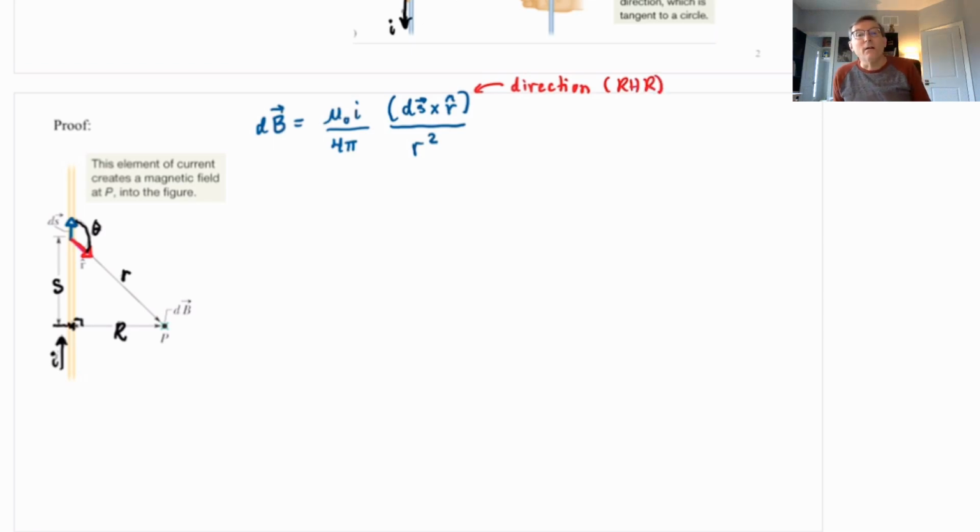Okay, so the direction of dB at point P is perpendicular to the plane of ds and r hat, and ds and r hat are in the plane of the screen, so dB must be perpendicular to the screen. Only two options then, perpendicular and outward towards us, or perpendicular and inward away from us. And it's the right-hand rule that tells us which it is. So, two pens, blue pen for ds, red pen for r hat. I hold them as I look down at the plane of the screen.